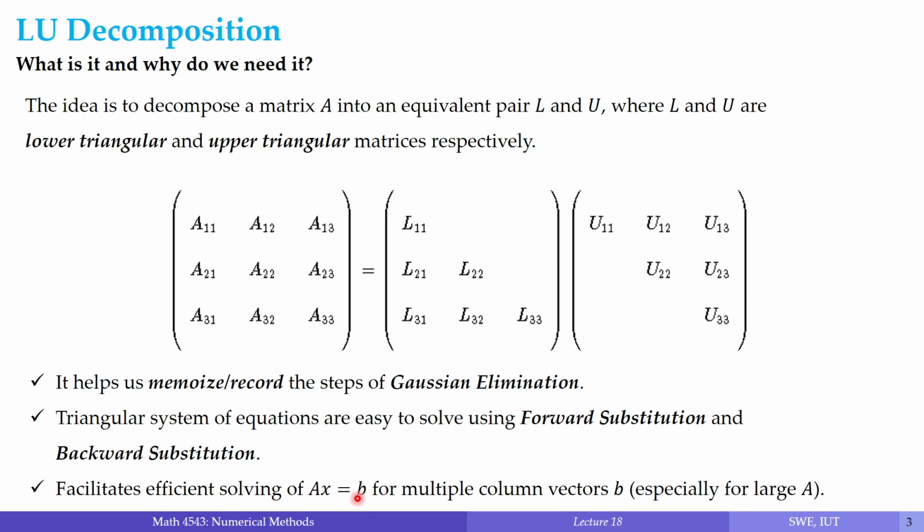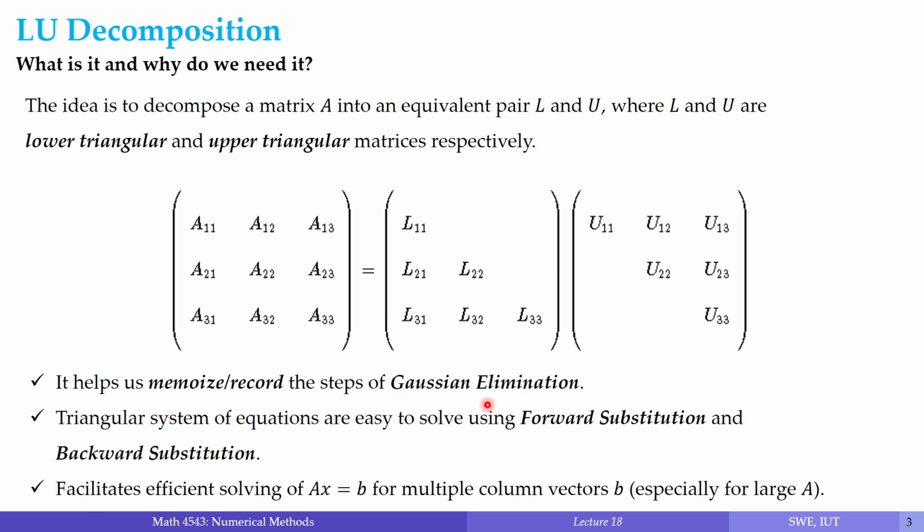For each column vector b, you need to perform the Gaussian elimination once, which means if you have 100 b's, you need to perform Gaussian elimination 100 times. And if your matrix A is very large, this Gaussian elimination will incur a huge computational overhead.